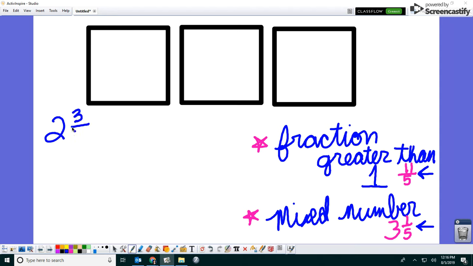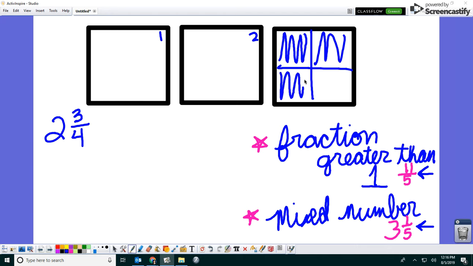So let's take the example 2 3/4. And here's our 2, 1, 2, and then this one is 3/4. So if I want to write this as a fraction greater than 1, well, this one whole really represents 4/4.